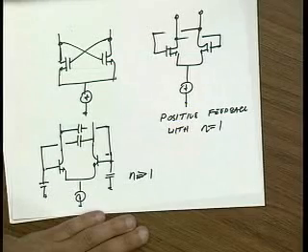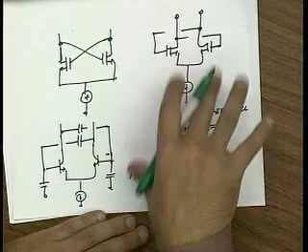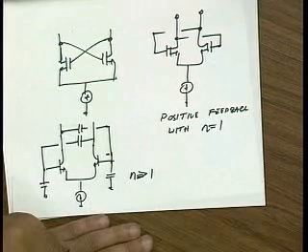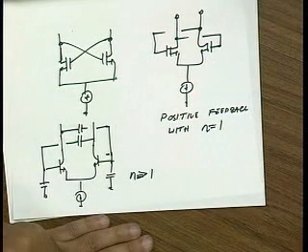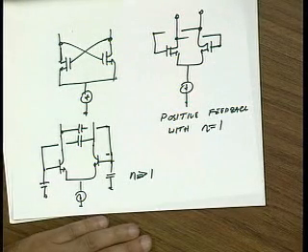Okay? So now we could analyze this circuit just like we did before as a positive feedback system, but we're going to now analyze it as a negative resistance system.